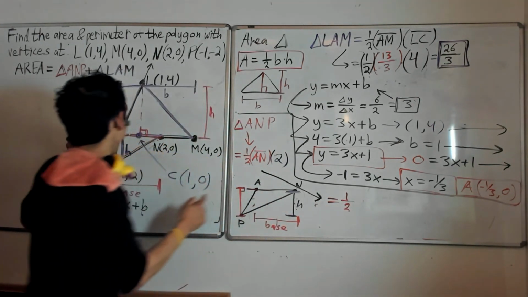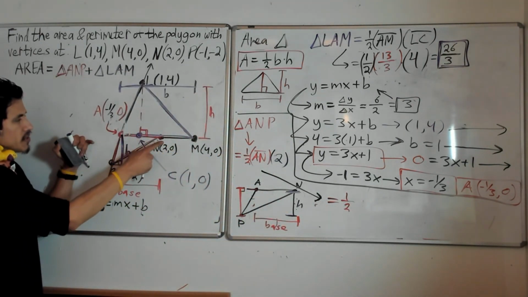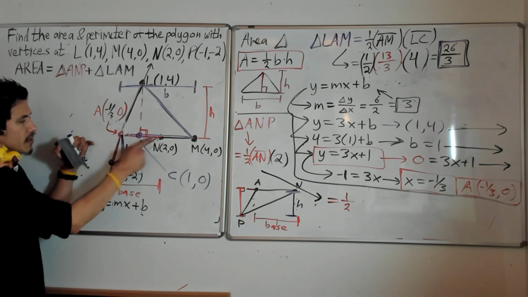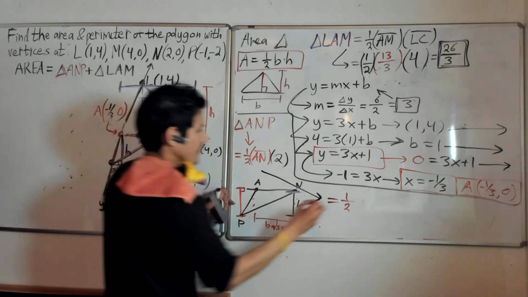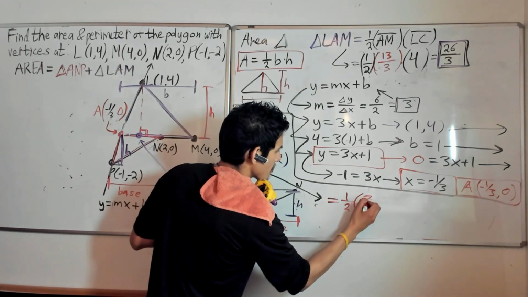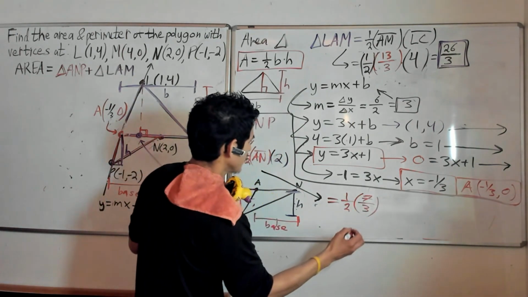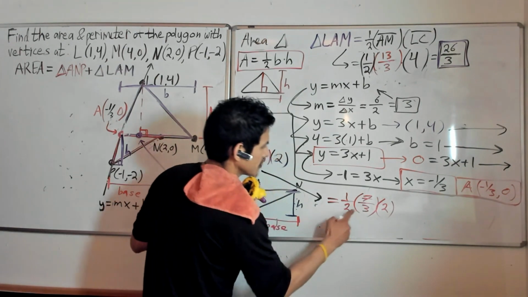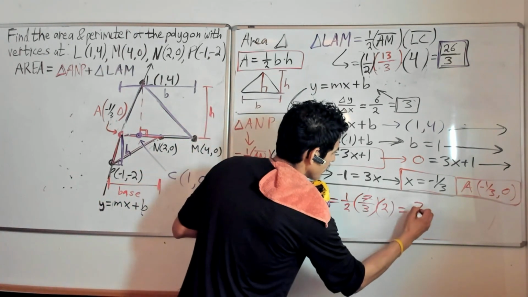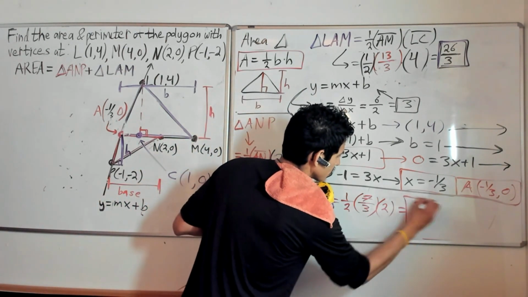AN we have from -1/3 to 2, so that'd be 2 1/3 or 7/3. So 1/2 times 7/3 times 2. These 2's cancel, so we just get 7/3 square units for that.